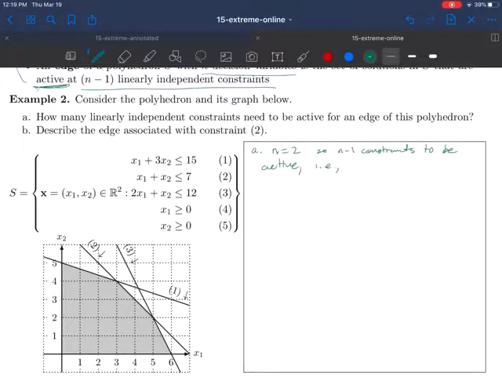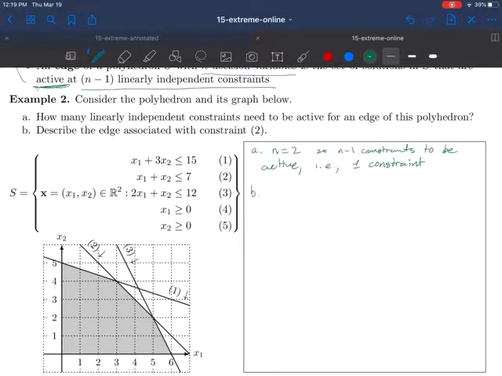In 2 space, if 1 constraint is satisfied at equality, that defines a line, and that's the idea: we want to define a line in whatever space we're in.